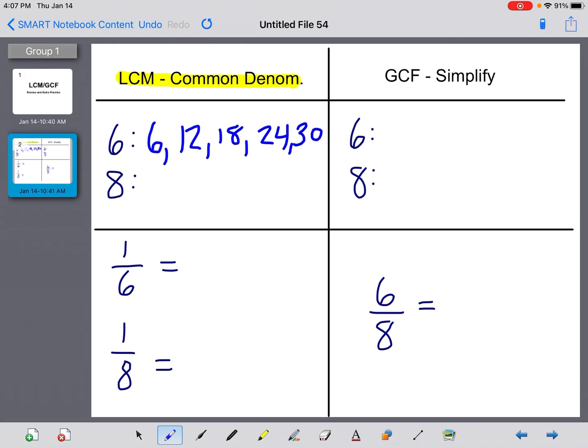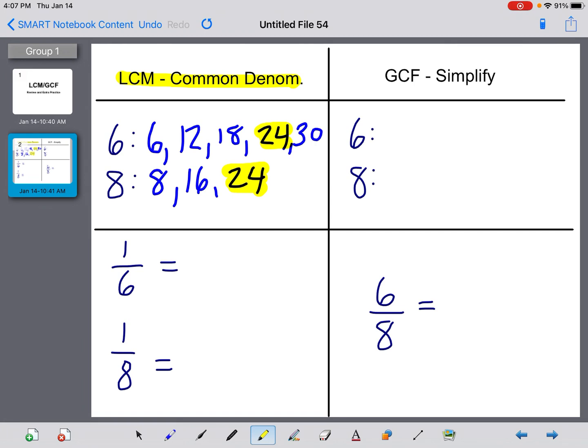Okay, so those are the multiples of 6. And you do the same thing for 8. 8, 16, 24. I can stop there because look, I have a matching multiple between those two numbers. All right, so the LCM of 6 and 8 is 24.